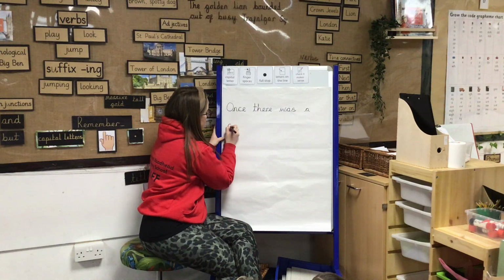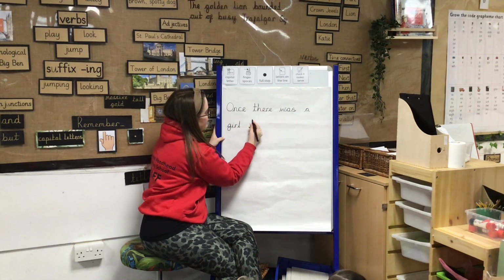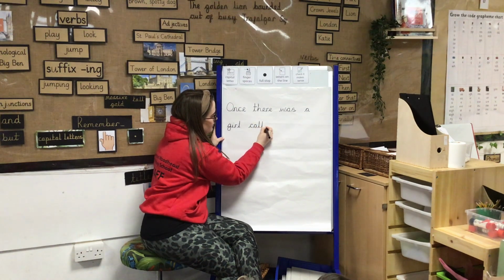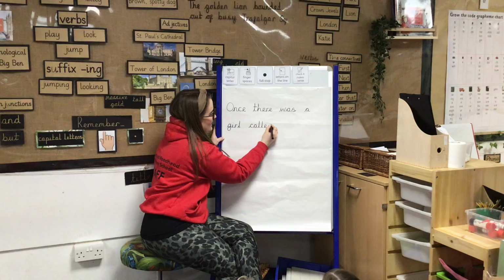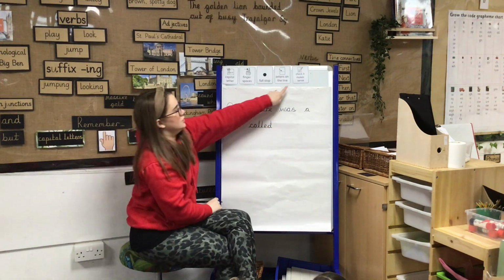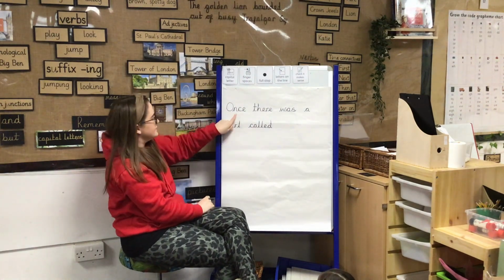a girl. Space. Called. Another tricky word, year one. Let's just do a little pause here and go back from the beginning. Always, as we keep writing, let's check it makes sense.